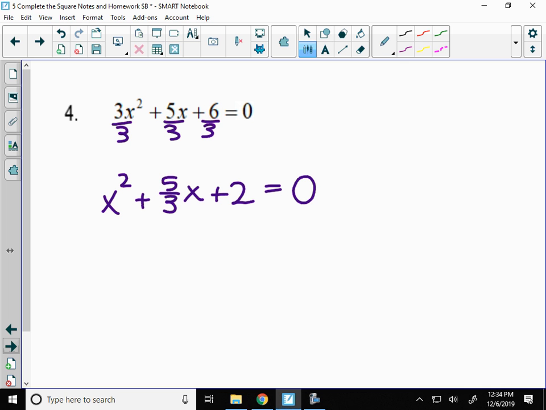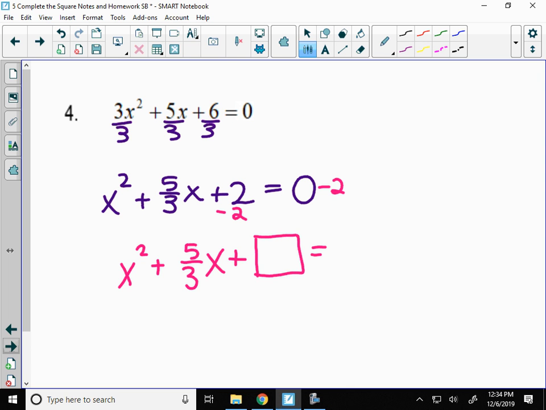Are we already sweating because we see a fraction? Yes. Okay, what do you have to do next? Minus the 2. All right, stay with me, guys. We're okay. We got x squared plus 5/3 x plus a box is -2 plus a box.